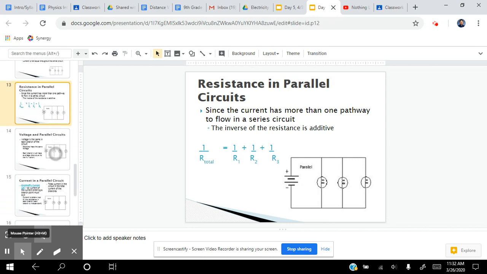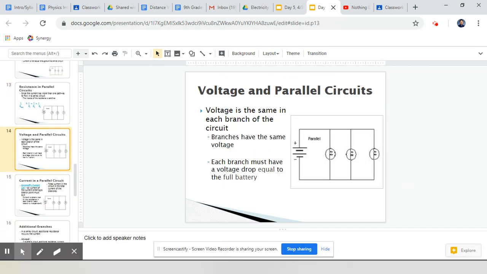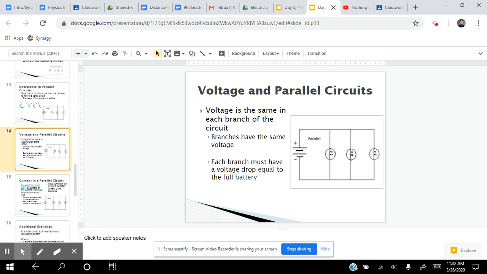All right, moving on to voltage and parallel circuits. Voltage is actually a little bit easier in a parallel circuit because the voltage going to each branch is going to be the exact same. If we say this is a 12-volt battery, every single branch within this circuit is going to get 12 volts.